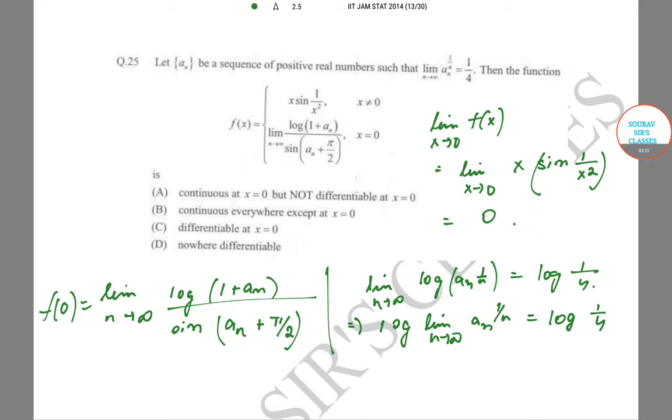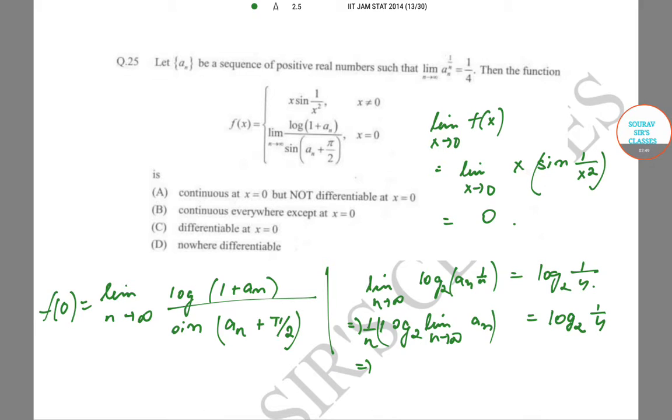Now this 1 by n comes outside as a scalar, and let us just for convenience take all these logs to the base 2.